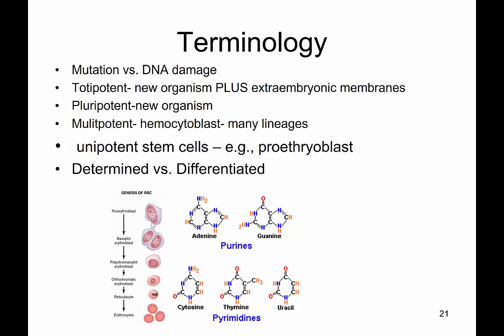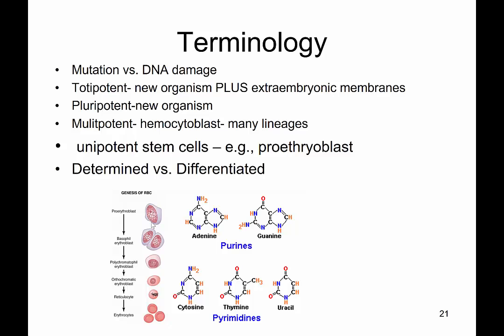Well, so what is a stem cell? These terms that I just taught you, totipotent, pluripotent, multipotent, unipotent, these are cells that can replicate and divide and give rise to other cells. A totipotent cell will replicate and divide and give rise to a brand new organism plus extra embryonic membranes.